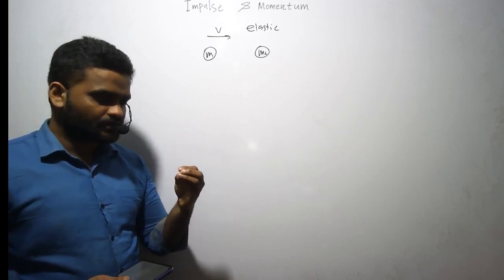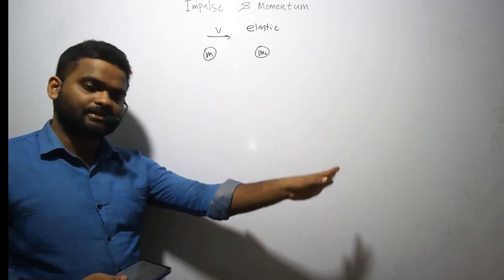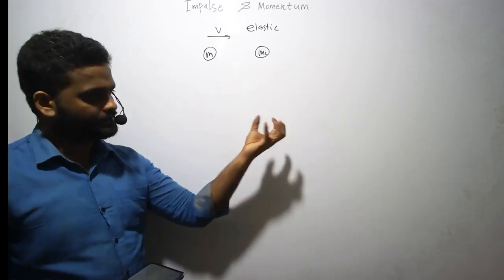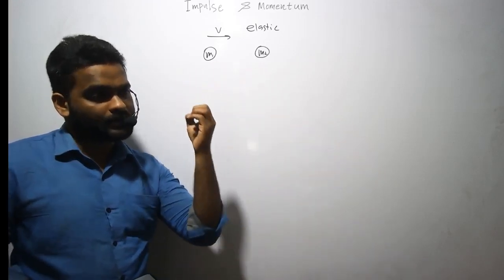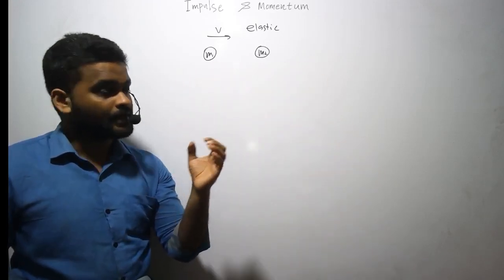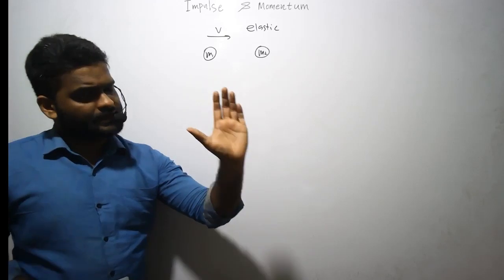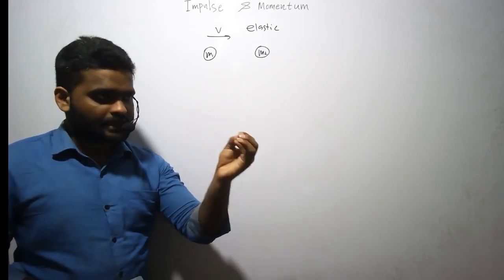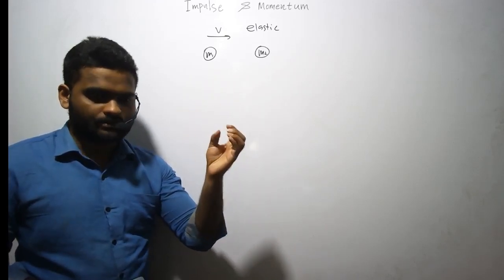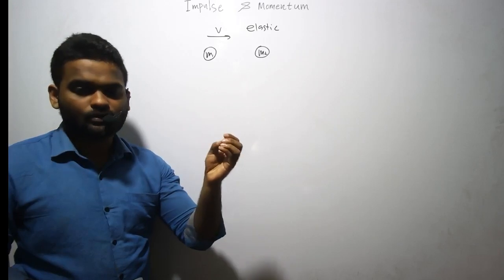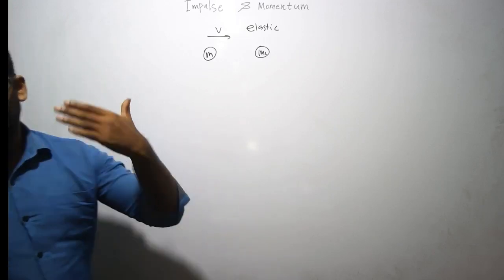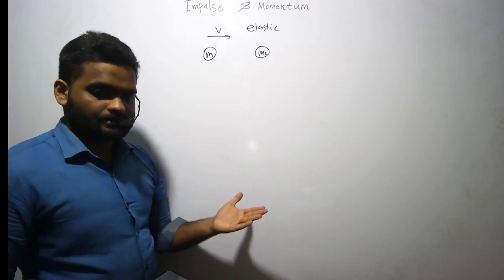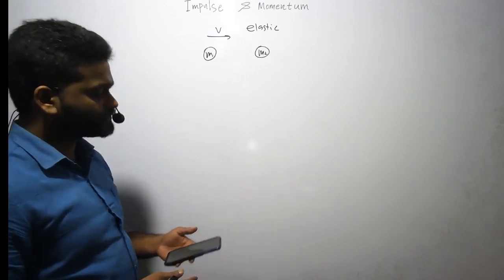For a perfectly inelastic collision, you know what happens: they get attached and move together. But for an elastic collision, where the kinetic energy loss is zero, you should know what happens there. You need to have that idea.